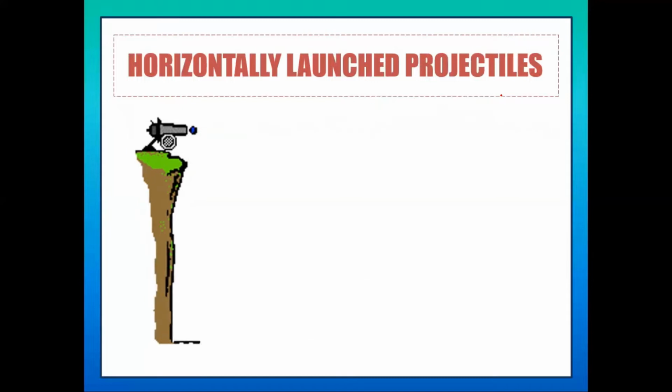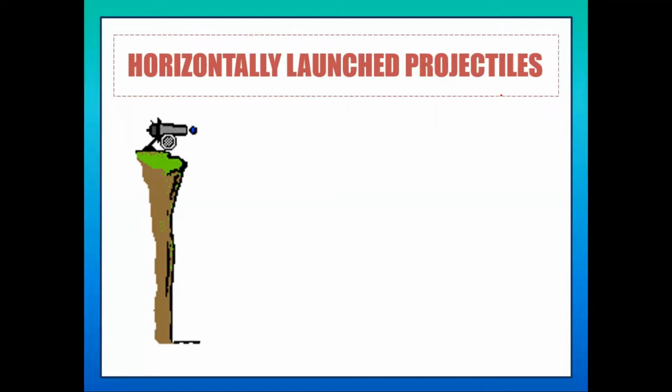The questions are, what effect will it have upon the motion of the cannonball when there is gravity? Will gravity affect the cannonball's horizontal motion? Will the cannonball travel a greater or shorter horizontal distance due to the influence of gravity? Those are the questions that we're trying to answer for this scenario.